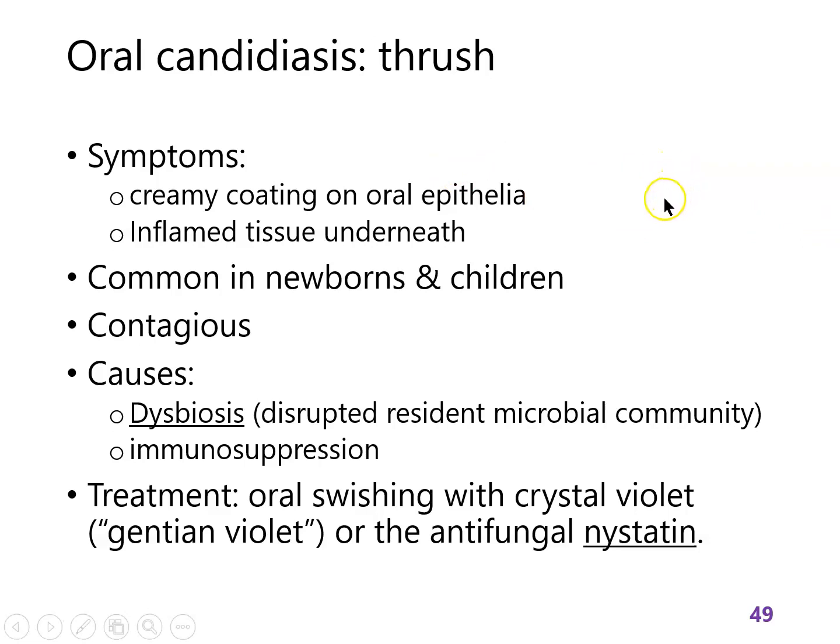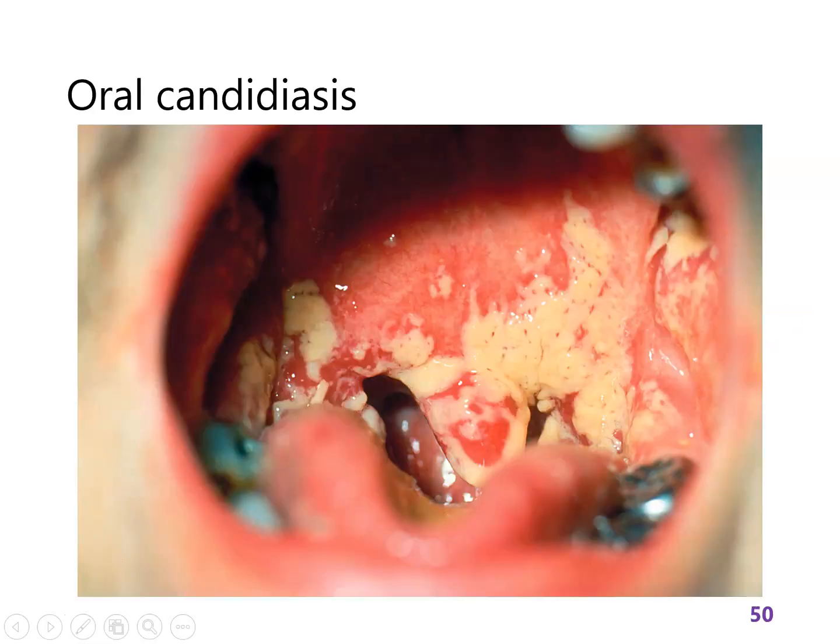And there are treatments for this. We have antifungals we can use, and that's what you would see, a mixture of the yeast themselves and, I believe, white blood cells.